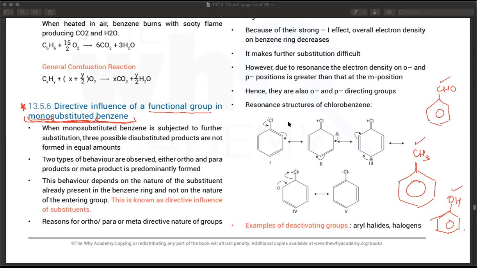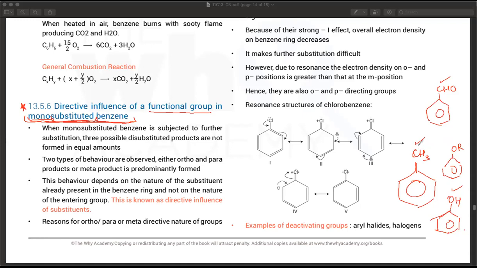It could be a halogen, OH, an ether like OR, an amine group, a carboxylic acid, any of them. So these kinds of compounds are called monosubstituted benzene. Mono, one substituent on the benzene ring.